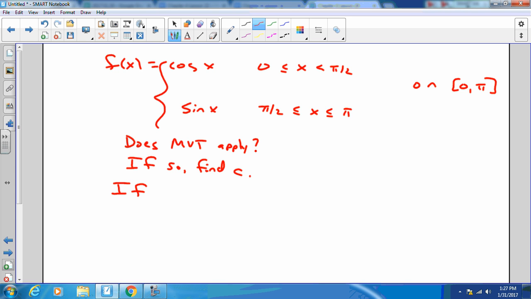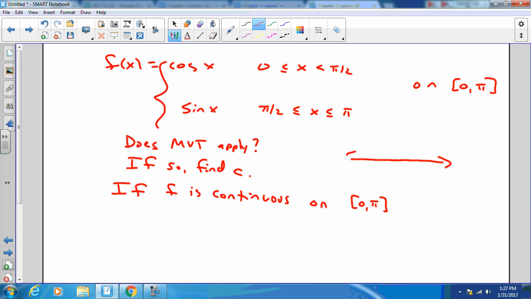Okay, give me the specific condition in terms of this problem. If f is continuous on 0 to pi. Okay, so let's check that.